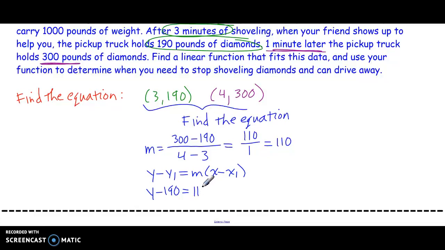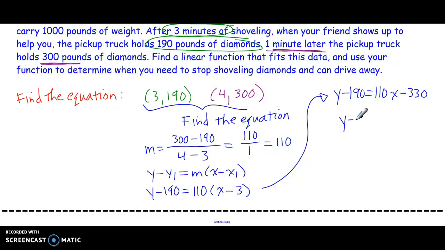The slope we just got was 110. x1 is 3. So distribute in the 110, and you've got 110x minus 330. Add the 190 to the other side. So let's see, 330 minus 190, you get negative 140.